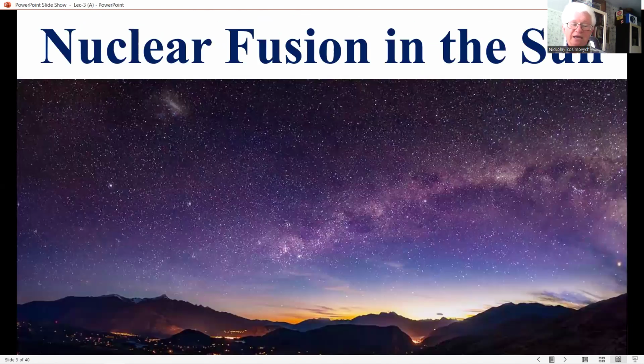Stars are structures balanced between opposing forces that individually destroy them. The sun is a ball of hot gas held together by its own gravity.